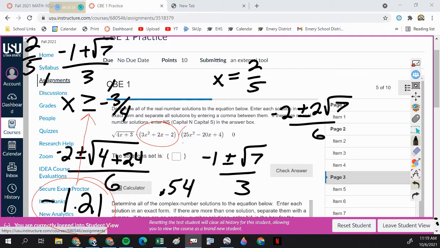So if this parenthesis equals 0, then it's going to smash everything else. If this set equals 0, it's going to smash anything else. But if this equals 0, it is also going to make the equation 0. So when will this equal 0? At negative 3/4. So negative 3/4 is also a solution.